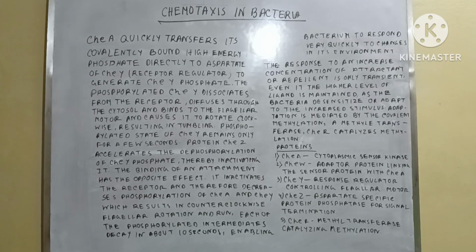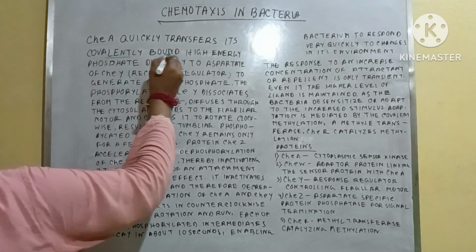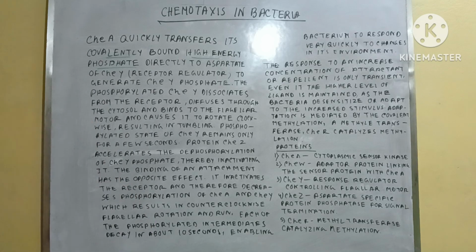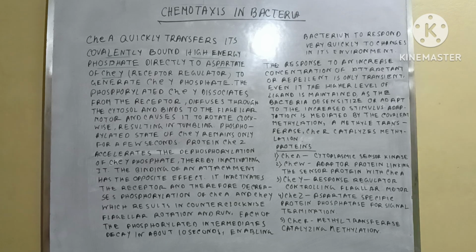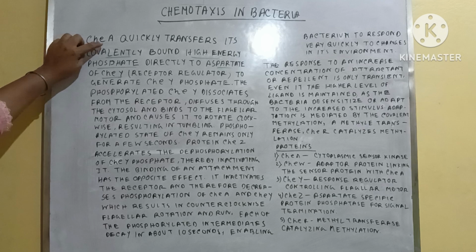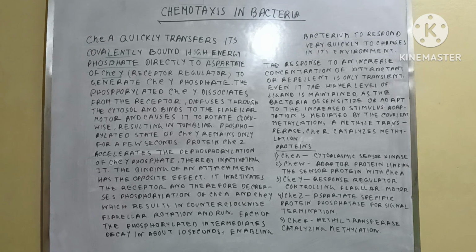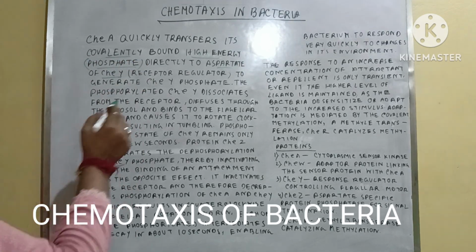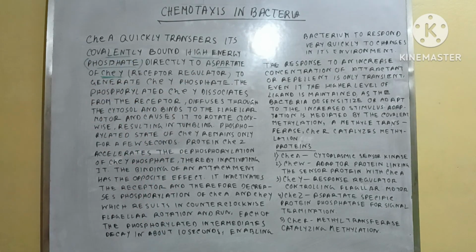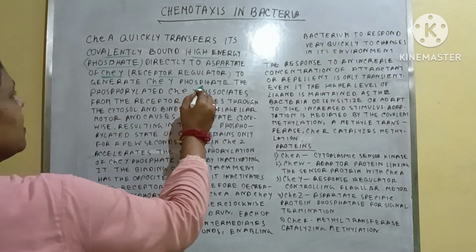So here CHEA quickly transfers its covalently bound high-energy phosphate directly to the aspartate of CHEY. After phosphorylation, CHEA transfers the phosphate directly to the aspartate of CHEY, the response regulator protein, to generate CHEY phosphate.